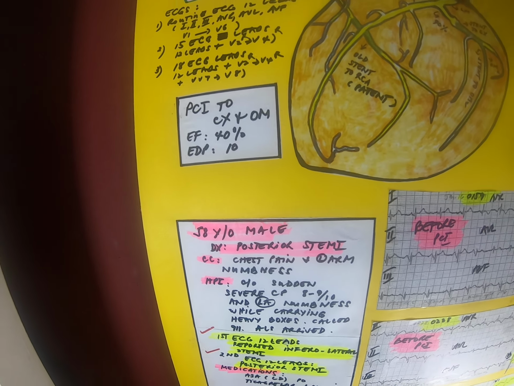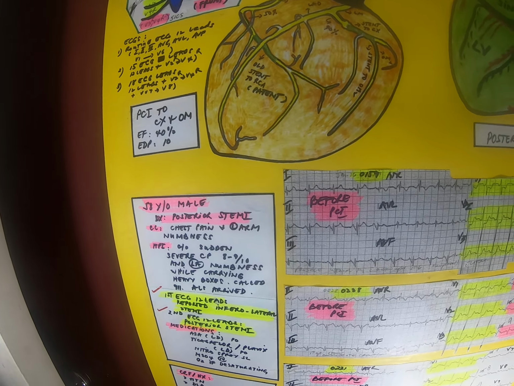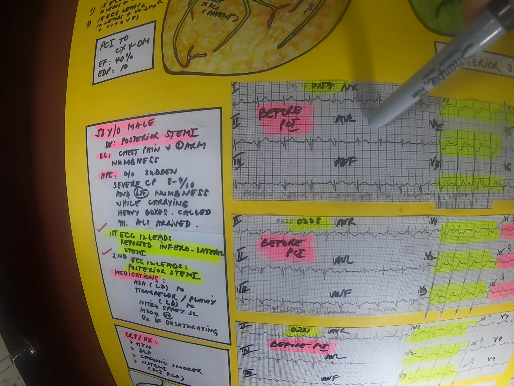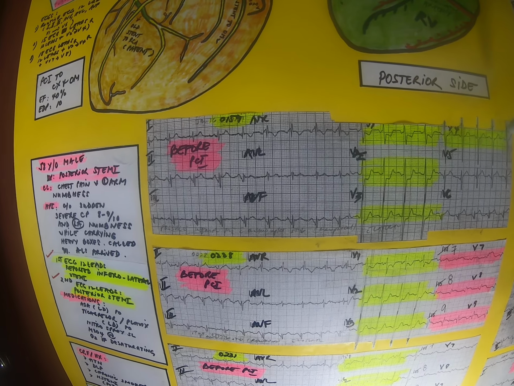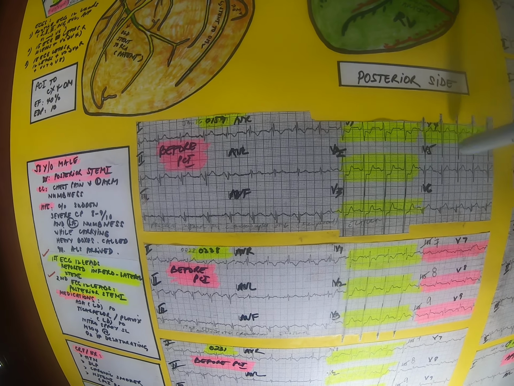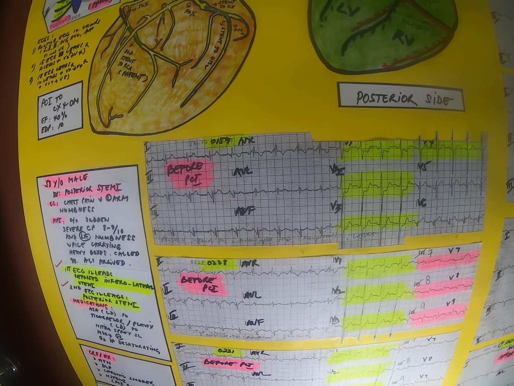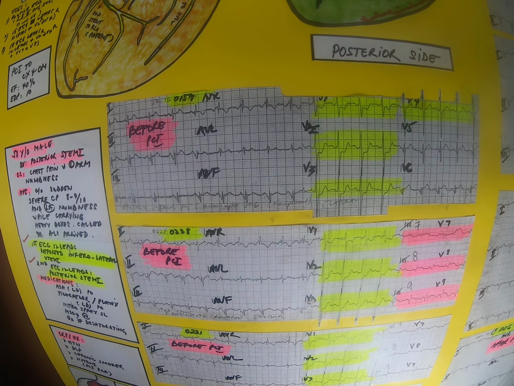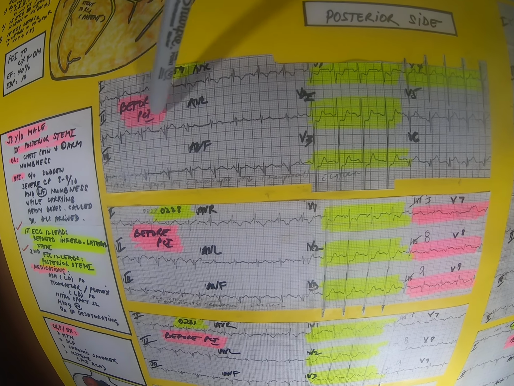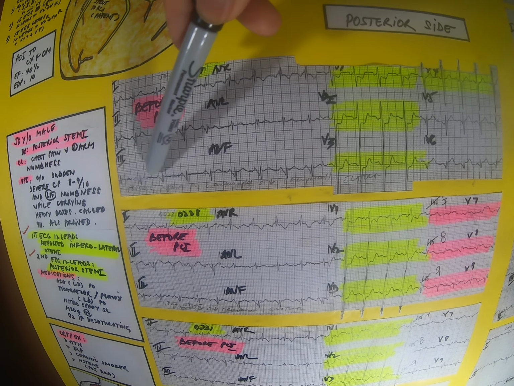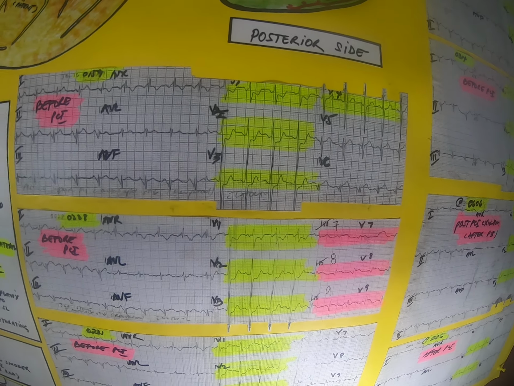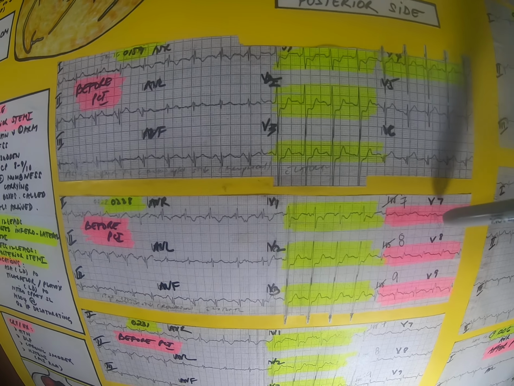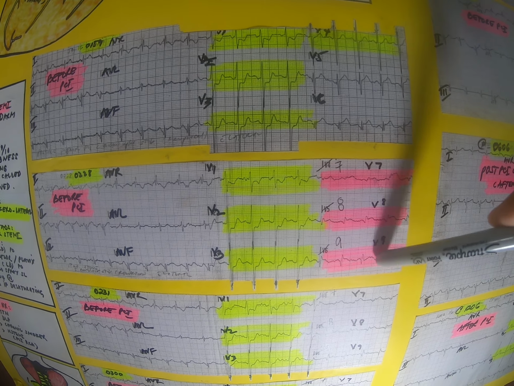If you do a basic 12-lead ECG, you only check the limb leads, which are 1, 2, 3, aVR, aVL, aVF, and the precordial leads, V1 to V6. But in this case, because they suspected something was going on, I do not see any elevation in the inferior leads and the lateral leads. So they decided to check the posterior leads, which they did.